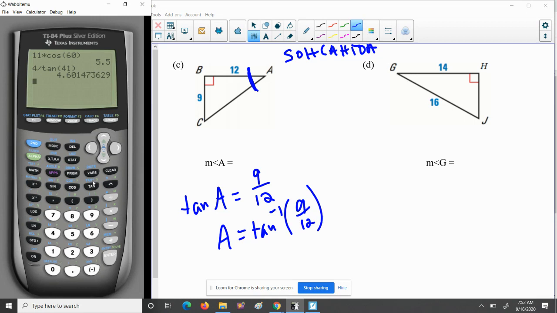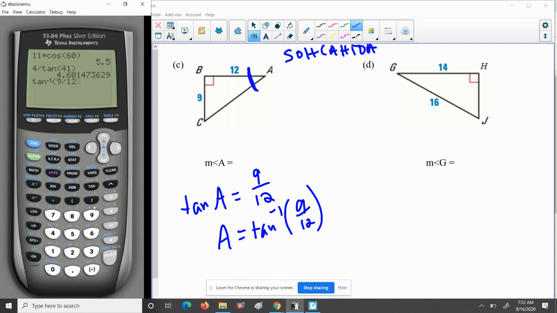What those do is when you type this in the calculator, it's going to give you the angle that has that tangent value. So we are going to type in second tangent to get the inverse. Notice it comes up with tangent -1. And now we're going to put in 9 divided by 12.